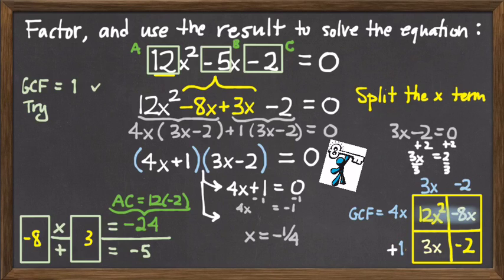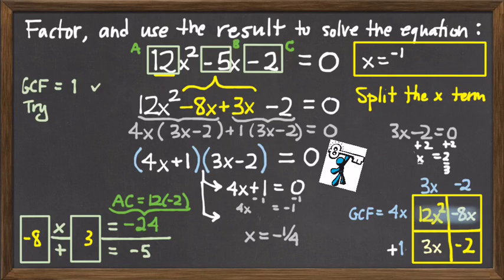Whoops. I'll just erase that. x equals 2/3. There we go. And so our final answer, if we could enshrine a final answer here, is that this equation has two solutions, x equals negative 1/4 and x equals 2/3.